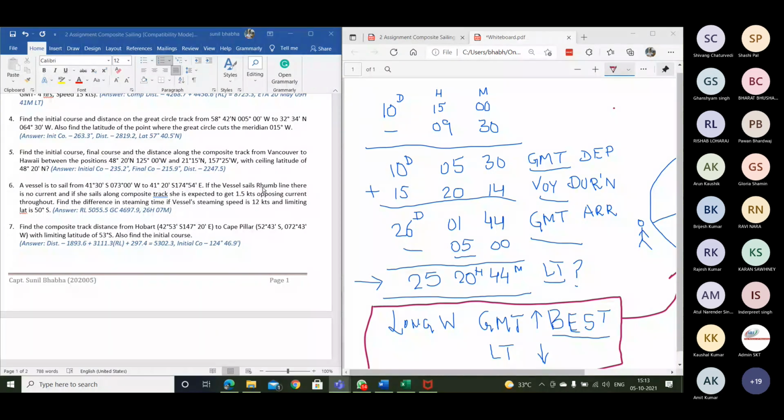This will help you in ETA calculation. When you calculate ETA on the rhumb line, your speed, which is 12 knots, will remain the same because there is no current. But on the composite track, you have 1.5 knot opposing current, so your speed will be 12 minus 1.5, it will remain only 10.5.